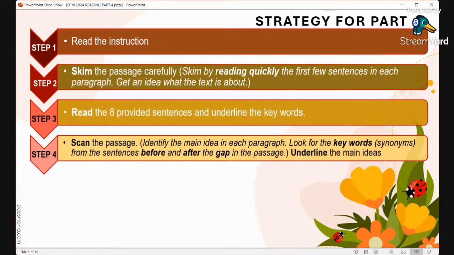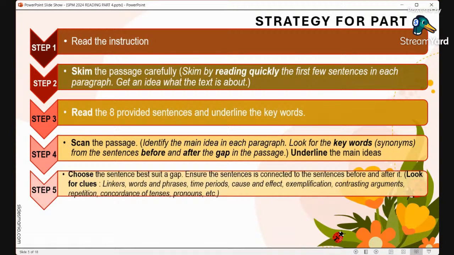It will give you an idea what you need to look for to fill in the gap. And then you must also make sure that it has relation with the sentence before and the sentence after, if there is a sentence after. If it is the last sentence, it's even harder because your sentence might be the concluding sentence for that paragraph. And then you need to choose the sentence that best suits a gap.